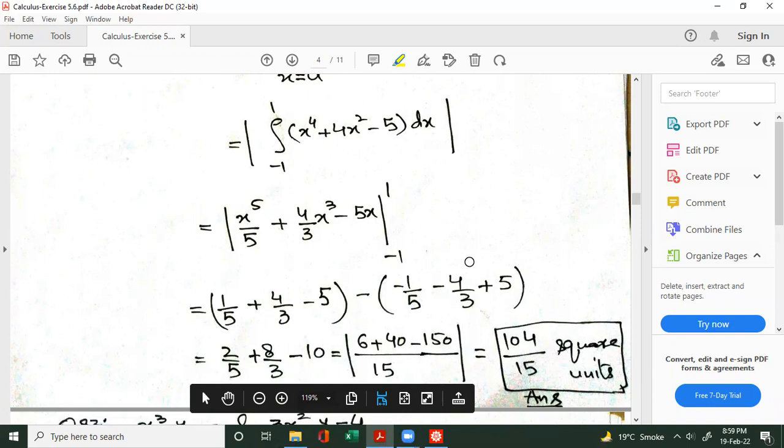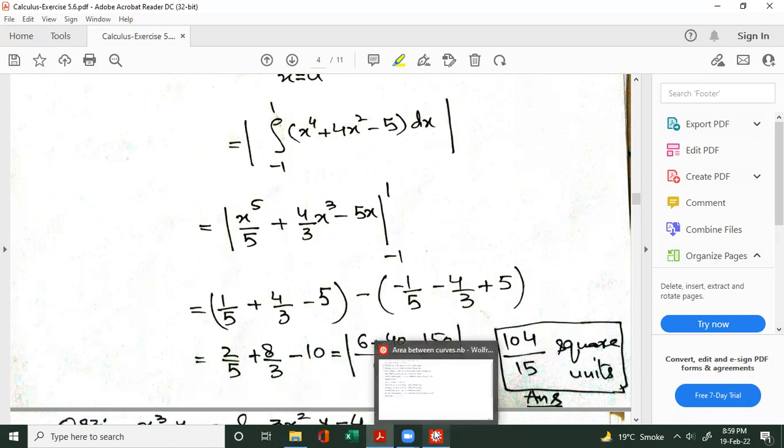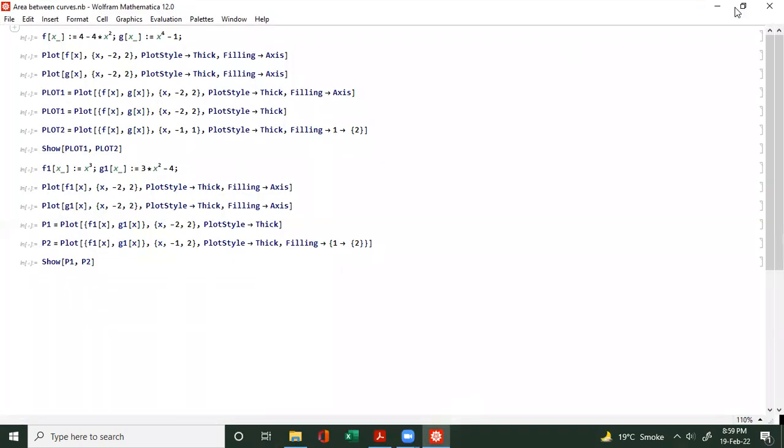So let's find the area between two curves with the help of Mathematica. As you know, these are my two curves, so I write function f of x as 4 minus 4x square, and g of x is x raised to power 4 minus 1.